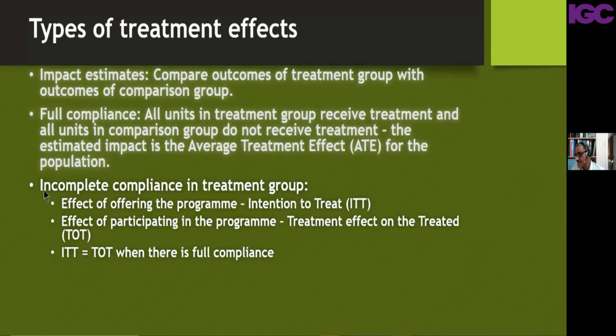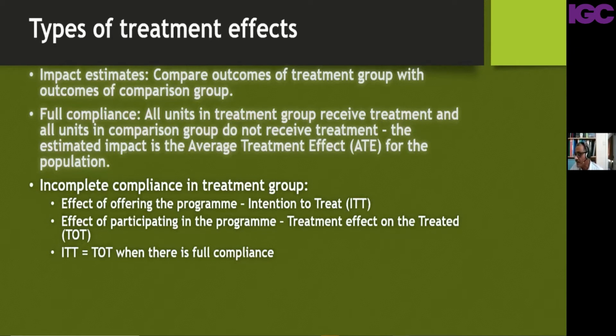So in this case, the change in the outcome in the treatment group reflects the effect of offering the program to all the eligible participants, with some eligible people not participating. So this is called the intention to treat effect. So this is the effect in a situation where a program is offered to a large number of people, but only a proportion of people decide to participate in the program. So the effect is what is called the intention to treat.